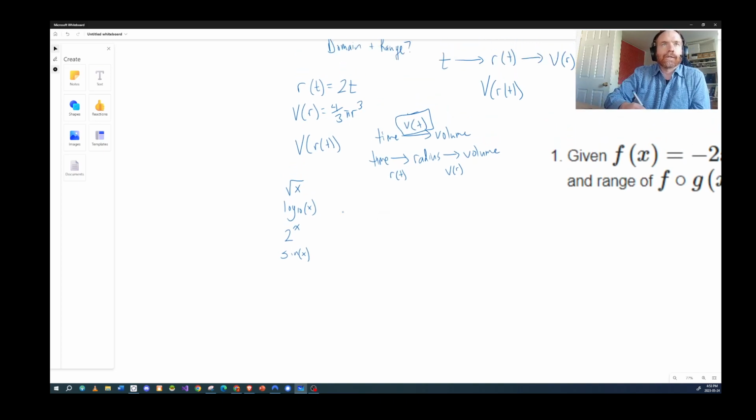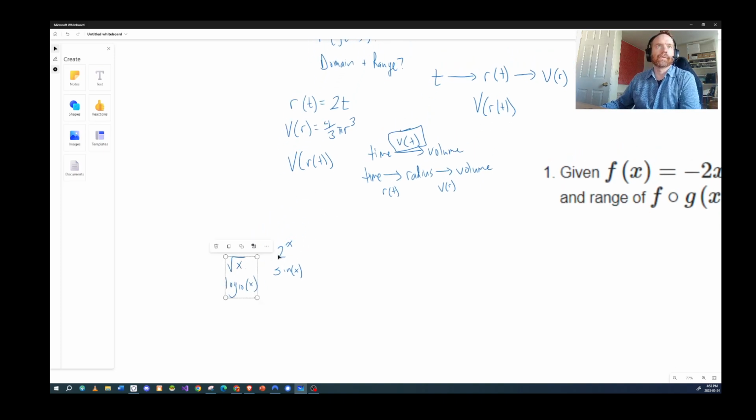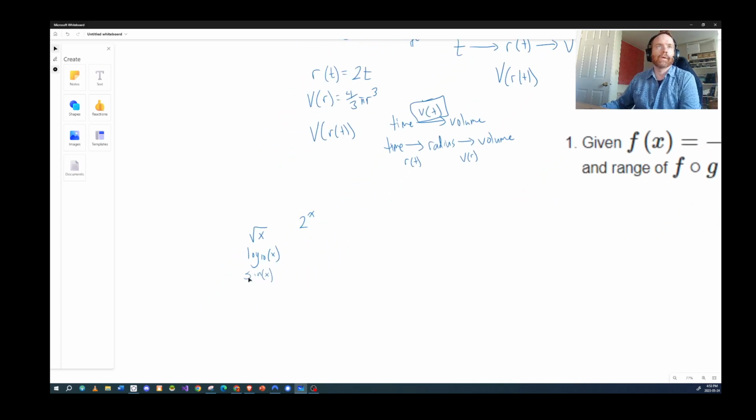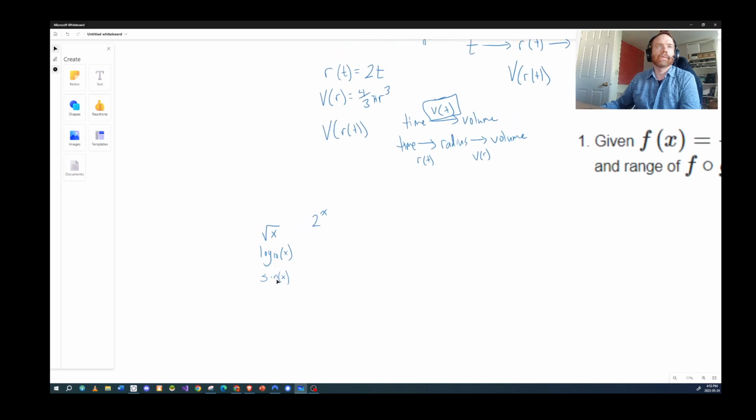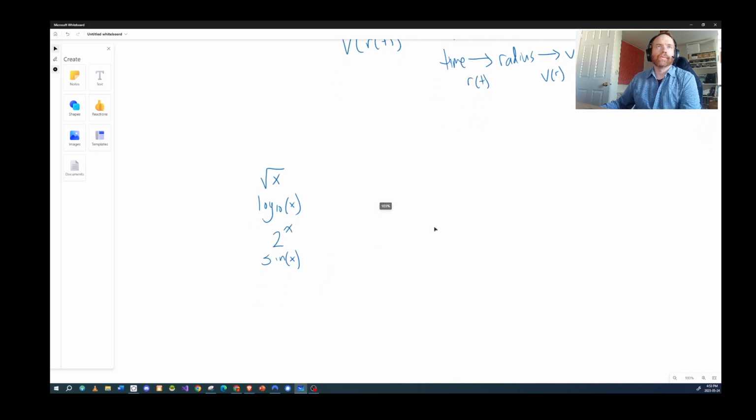So root x, as we know, maybe make this a little easier if I make a little more room for them here. Sorry, I just changed the order. All right, let's take a look at these for a sec. We can look at their domain and their range. Root x has a domain of x greater than or equal to 0, and a range of y greater than or equal to 0.